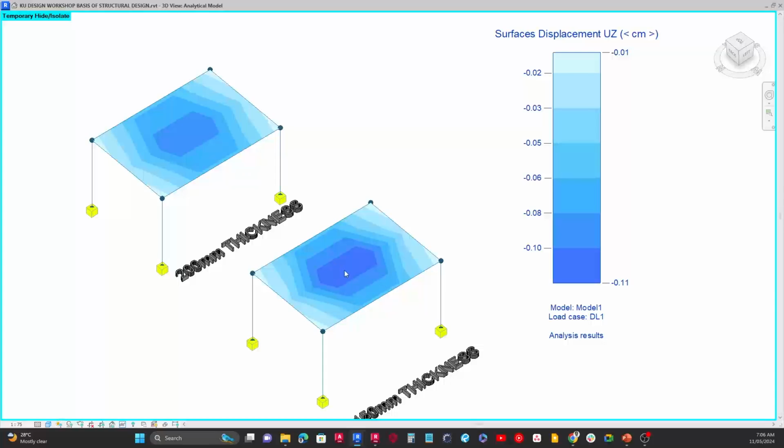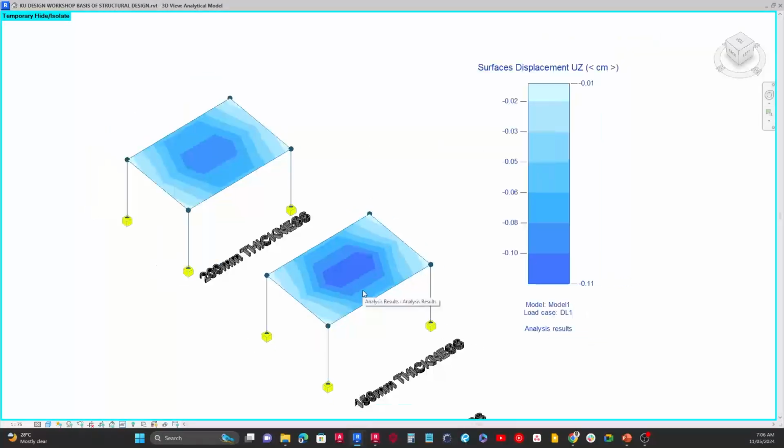In this case it's having a large displacement, which means we need to opt for something thicker, so in this case 200 mm. Looking at the scale towards the center, you can see displacement is not as high as in the one with the smaller thickness, meaning this slab will be able to carry more loads.